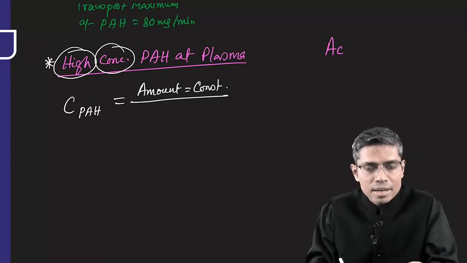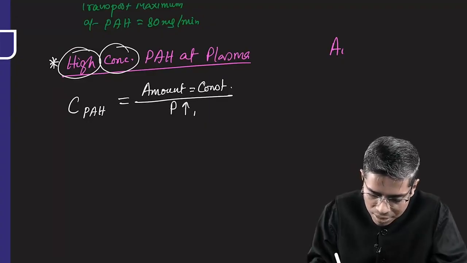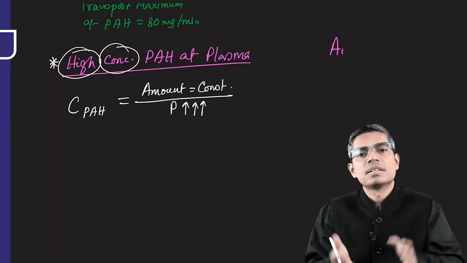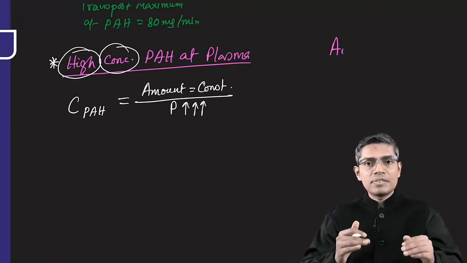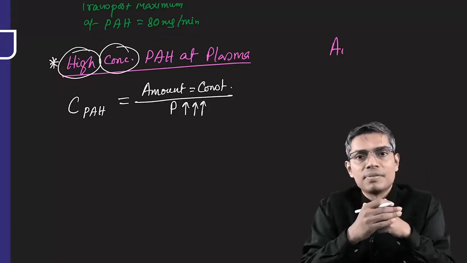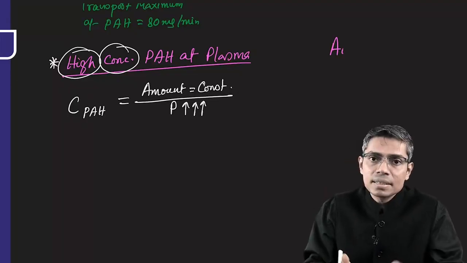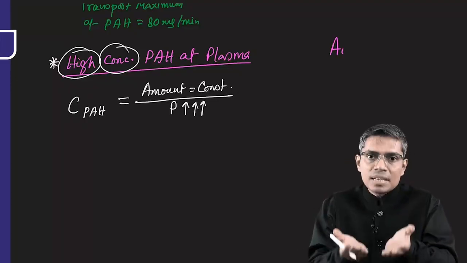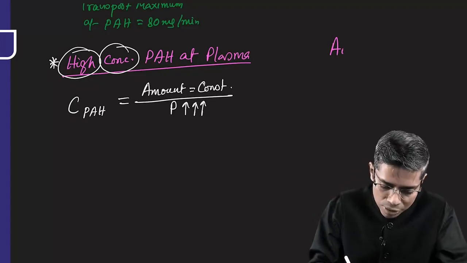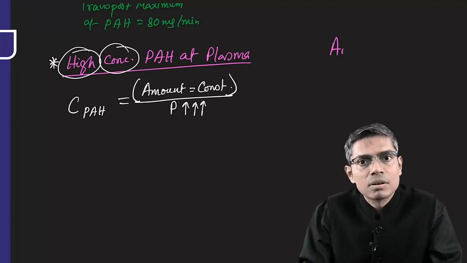So the amount which you are measuring at the level of urine is constant. But because you are putting more and more PAH in your blood, the PAH concentration in the arterial blood is rising. Getting my point? So your denominator is very high, your denominator is rising, but your numerator, that is urinary amount, is becoming fixed, is constant.